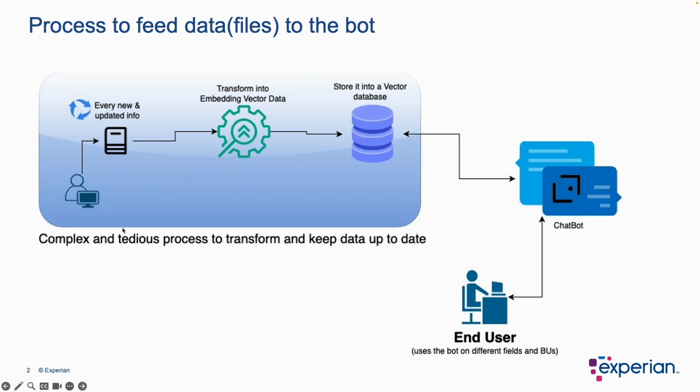We have an end user that uses the chatbot, which requires data or new data to be used, so answers can be complemented or searched into the data that we have in a specific format, which basically the vector database requires the data to be in vector fashion. That means that all the data that you want to make available, you will need to transform it, and then upload it or insert it or maintain it into that database.